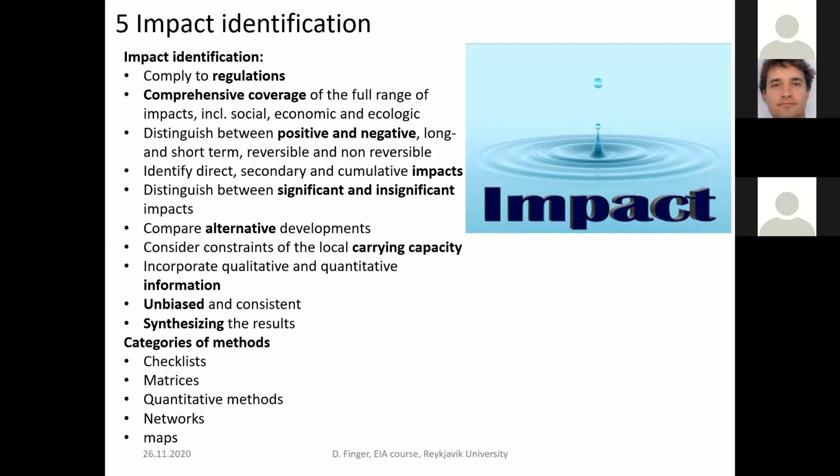keep in mind that you write the environmental impact statement in principle, of course, because there's legislation and you have to do it, but you also write it for the general public because you want to convince the general public that your project is a sustainable project and does good for the society and should be supported.